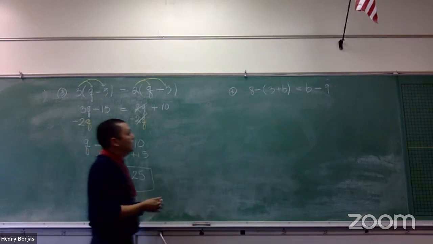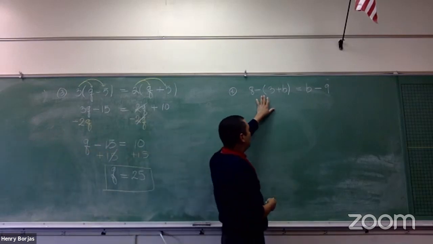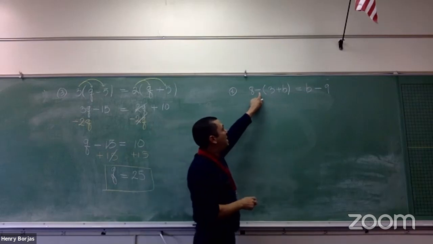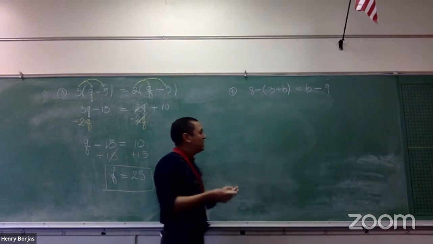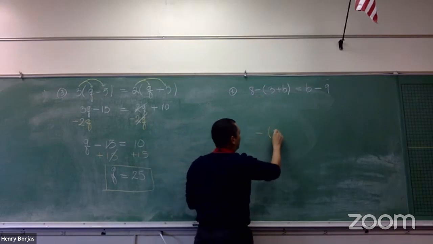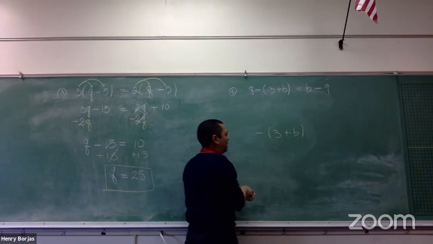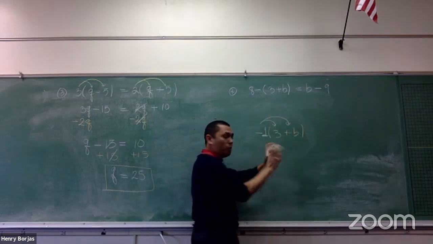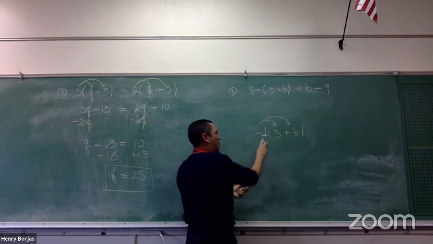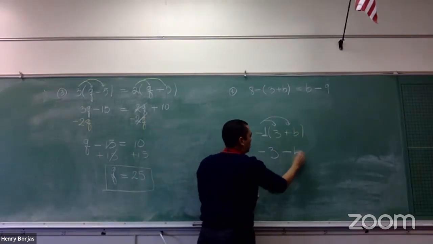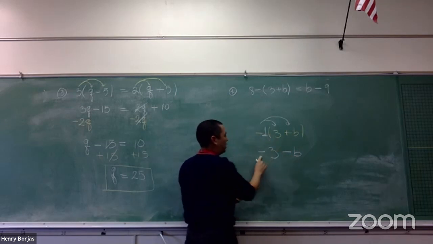Okay, I have parentheses, so I'm going to get rid of the parentheses first, but you have a negative, and in the section before, we had, if you have negative parentheses 3 plus B, it's like having -1, and then you apply the distributive property. You switch those signs. For example, in this case, you will have -3 minus B. Negative and positive is negative.